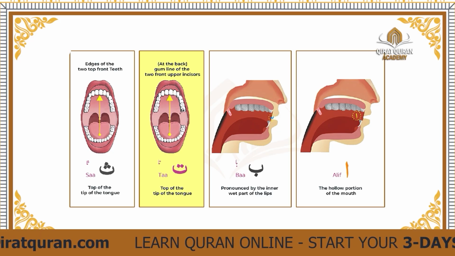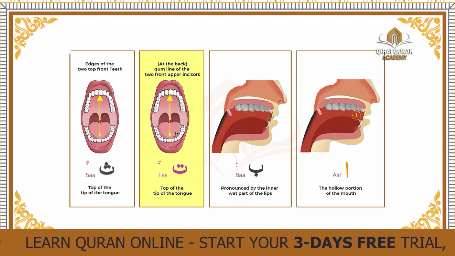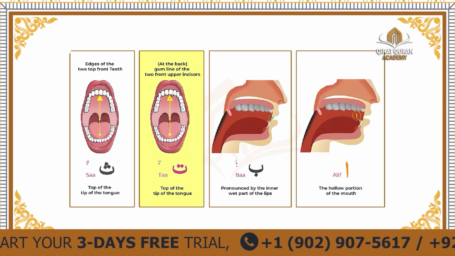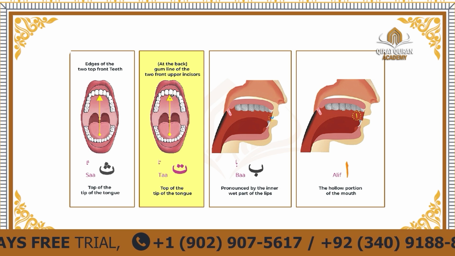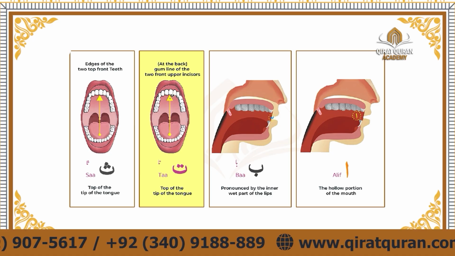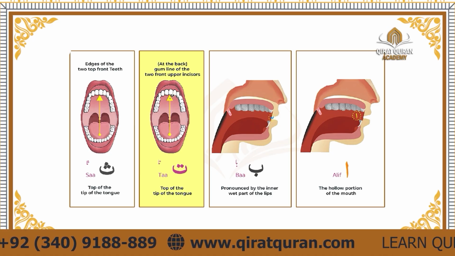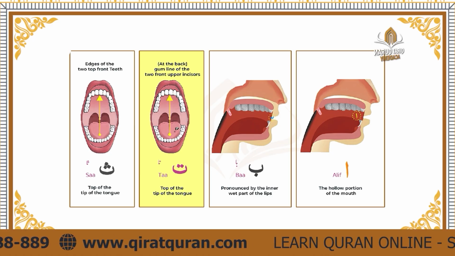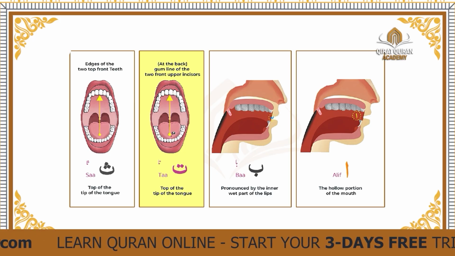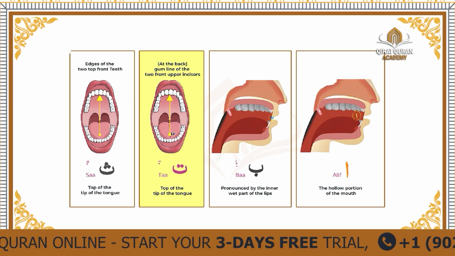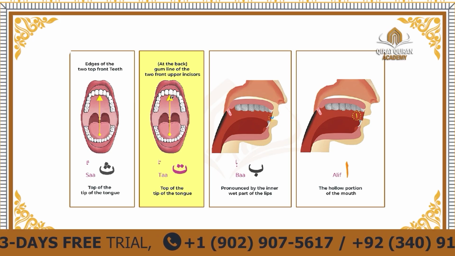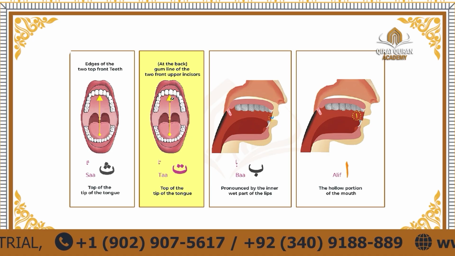Okay, so that's how we have to pronounce Ta. Try to connect your tip of the tongue to the upper incisors and then read Ta. Again, Ta. Yeah, so that's how you have to pronounce Ta. You have to connect the tip of the tongue to the upper incisors. That's how you can pronounce Ta correctly.